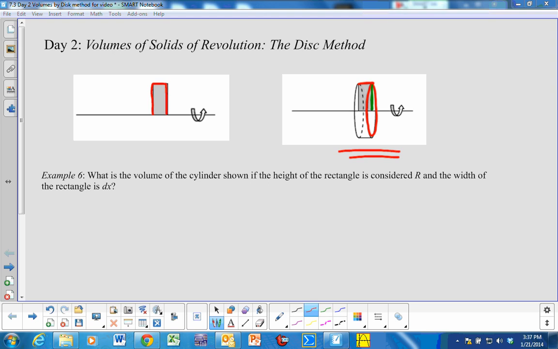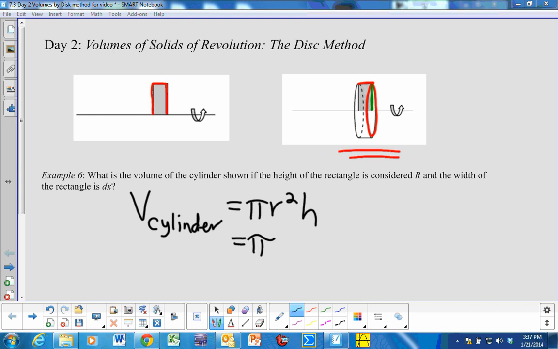So if we want to find the volume of the cylinder, it's going to be the area of the base, which is pi r squared, because it's a circle, times the height. Pi, of course, is a constant, but the radius, the height of the rectangle right here, is going to be capital R. So that means our radius is capital R squared.